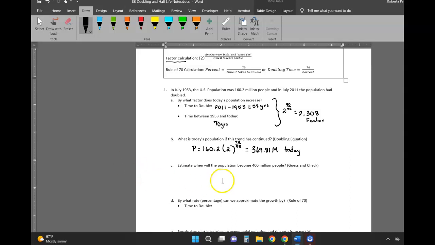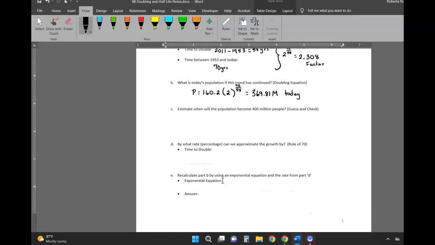All right, so now we want to do some guess and check, where we want to figure out when 400 million is going to happen. So it's got to be after 70 years. I'm just going to guess, let's try 80 years.